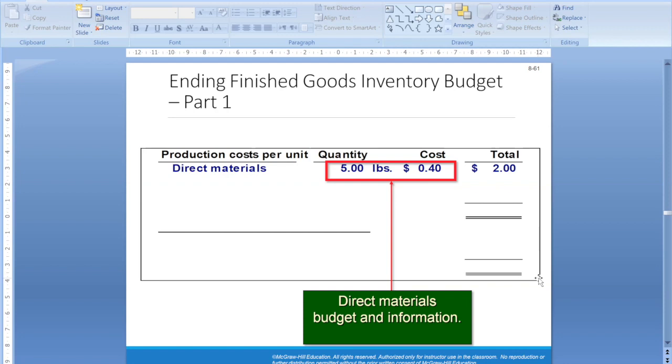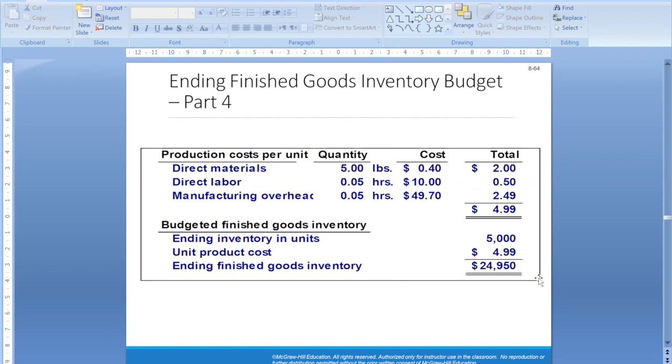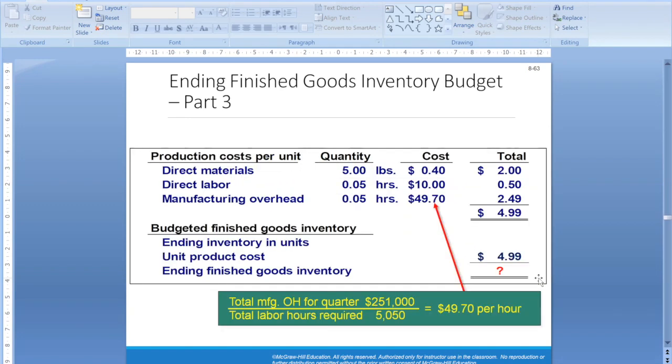For the finished goods inventory budget, we have to say what is the cost to be reported. This is the answer for this budget. What is the cost to be reported as finished goods inventory in our balance sheet, the financial position? Again, what is the cost of the ending inventory that we have to report in the financial position as an asset?